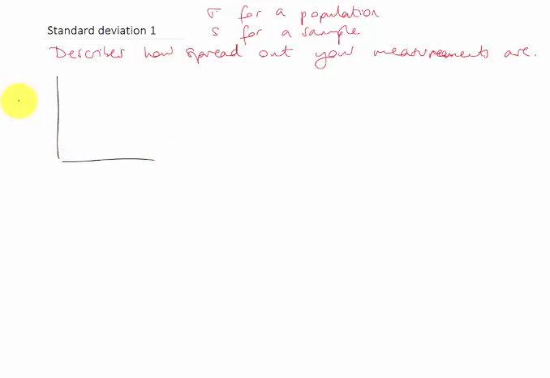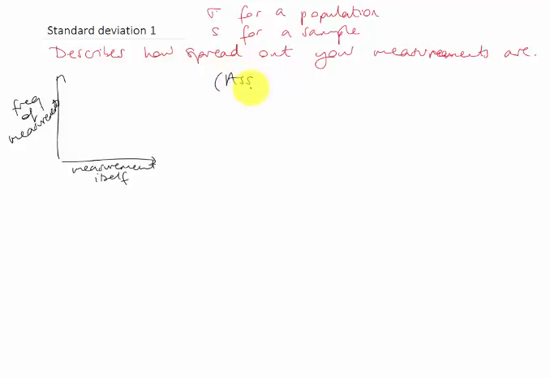Here we've got the frequency of the measurement, and here we've got the measurement itself. So this could be hand sizes, and this could be the number of people with hands that size.